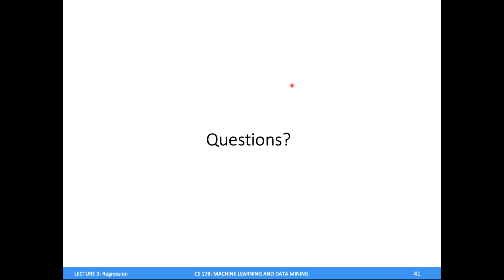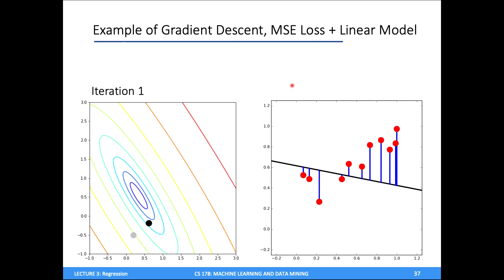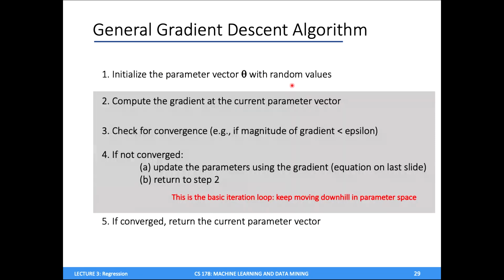Any questions? Yeah. Yeah, so let me go back a few slides. The question is essentially, how do you decide when to stop doing gradient descent? And there's a couple of different ways you can choose to do this. One thing that you can use to detect convergence is if the gradient is 0.